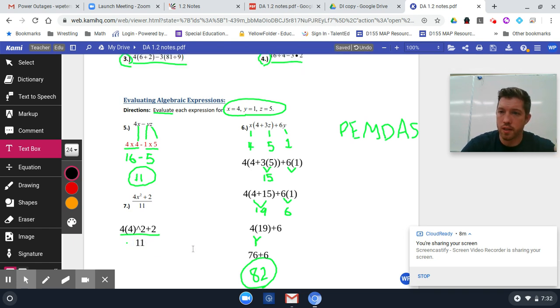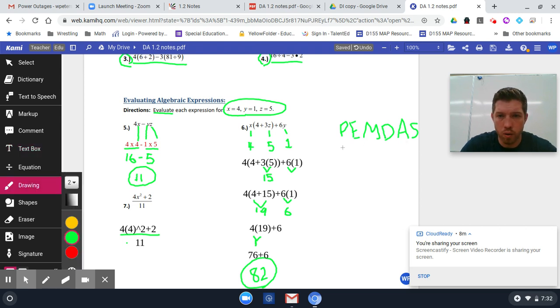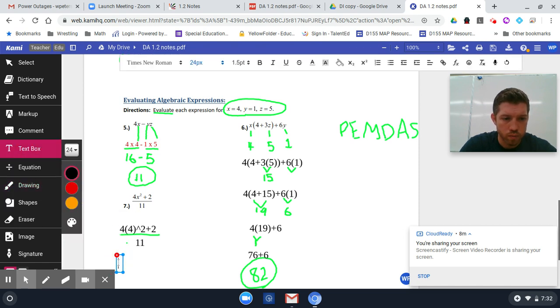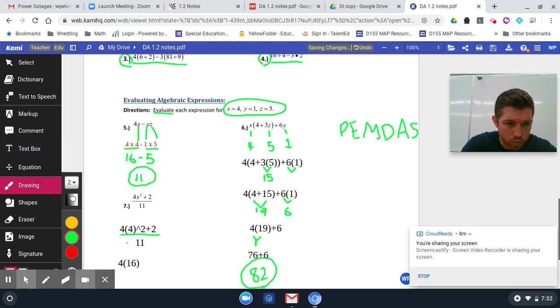So let's break this down now. Do we have parentheses? No. Do we have exponents? Yes, we do. We don't have the parentheses, but we have the exponent. That says 4 to the second power. Now, that's not 4 times 2. That is 4 times 4. This tells you how many times to multiply the base by itself. So basically, this problem is going to turn into 4 times 16, because 4 times 4 is 16.